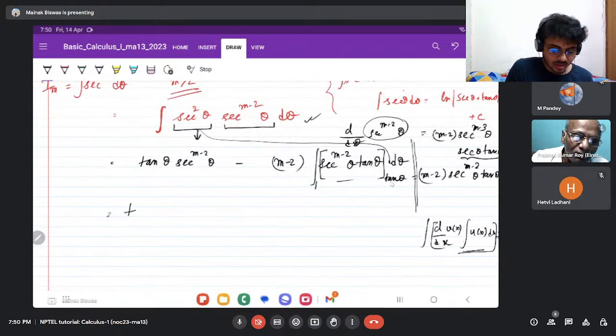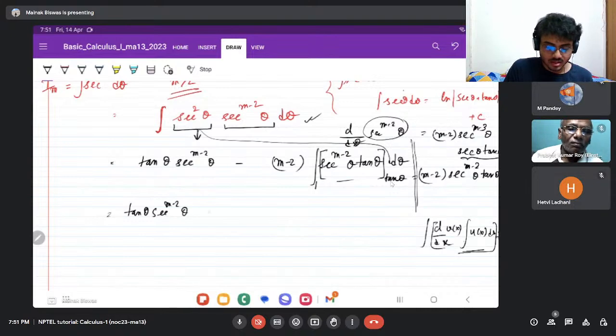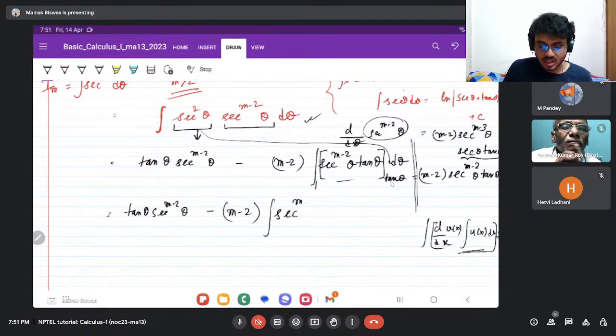So this becomes tan theta sec to the power m minus 2 theta minus m minus 2 times the integral of sec to the power m minus 2 theta tan square theta. Again, do you see the help that I am getting? Once I get tan square theta, I can write it again as sec square theta minus 1.